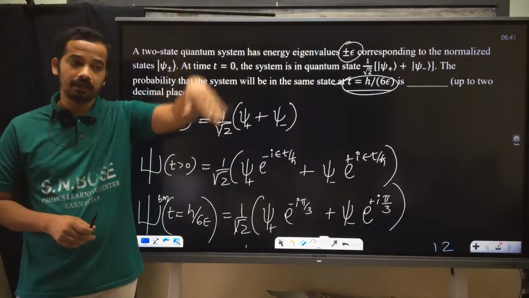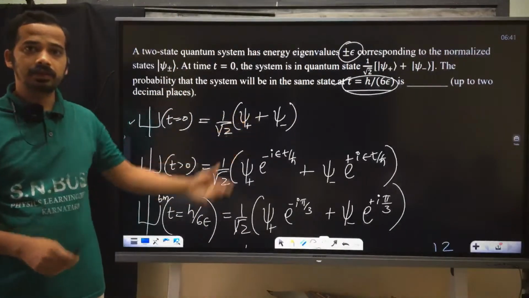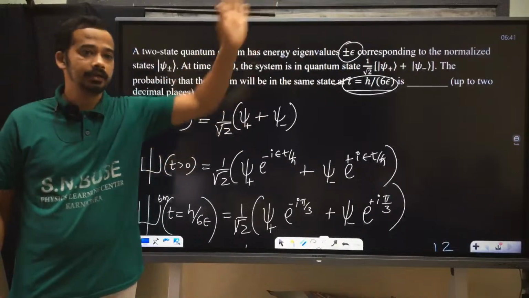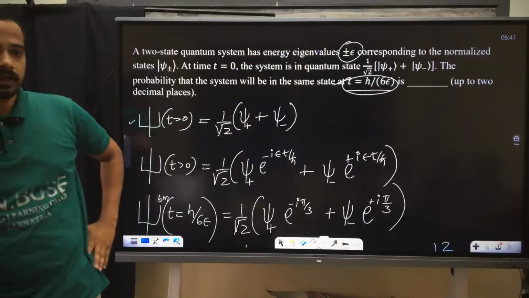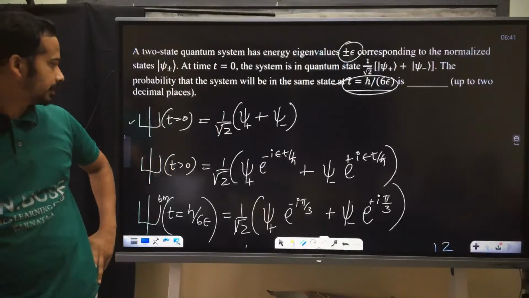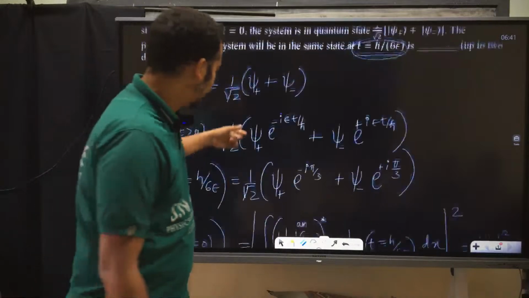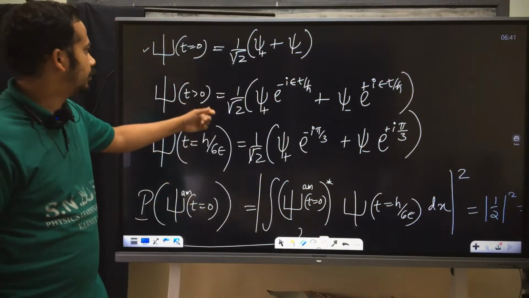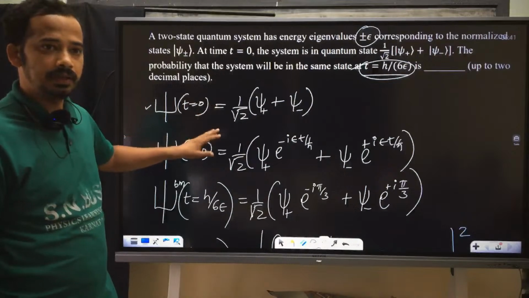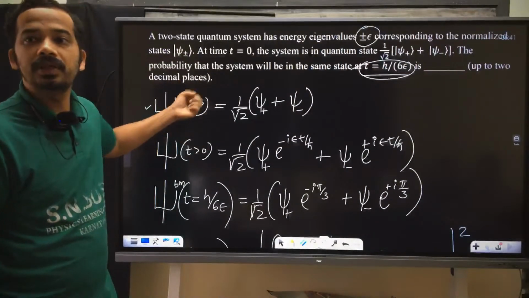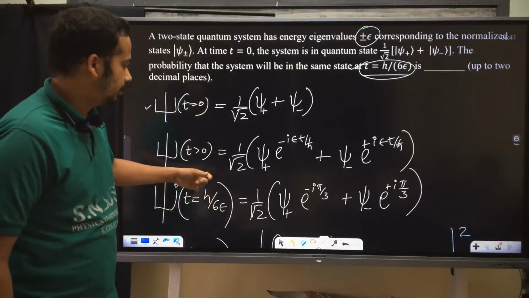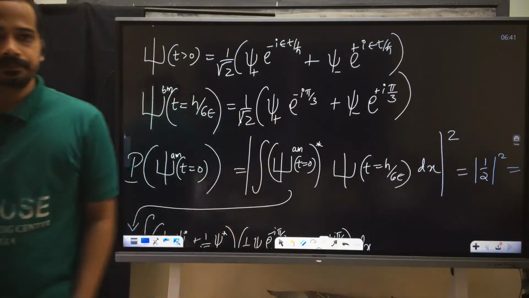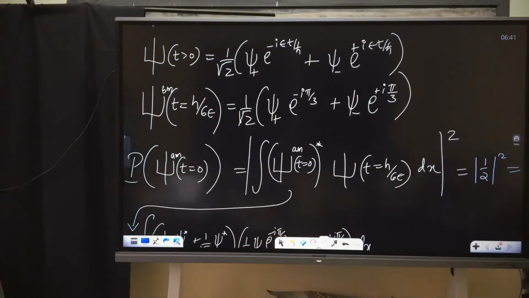If you do that operator's measurement, this linear combination state may be an eigenstate of some other observable. So after time evolution, what is the probability of getting the state back? This should be the state after the measurement, and this should be the state before the measurement. Is that okay? Inner product mod square. Any question?